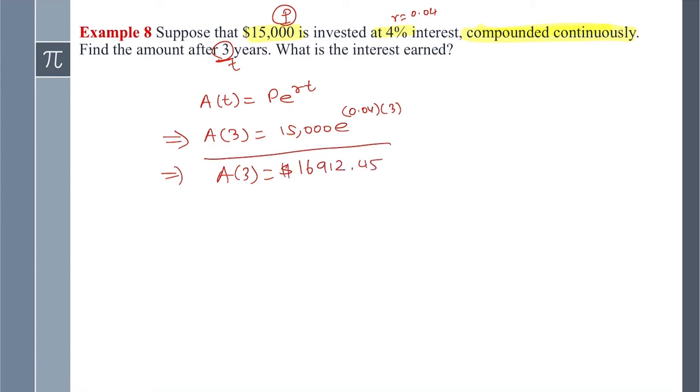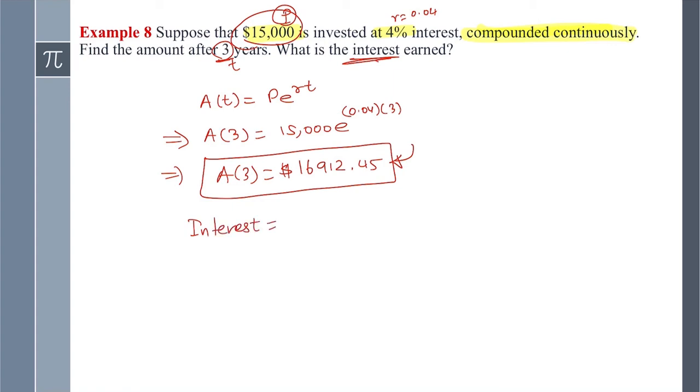So this is the future value. But what the question is asking us is to find the interest earned. That means we deposited 15,000. After 3 years in our account, we see 16,912.45. That means the interest that we earned. Okay.